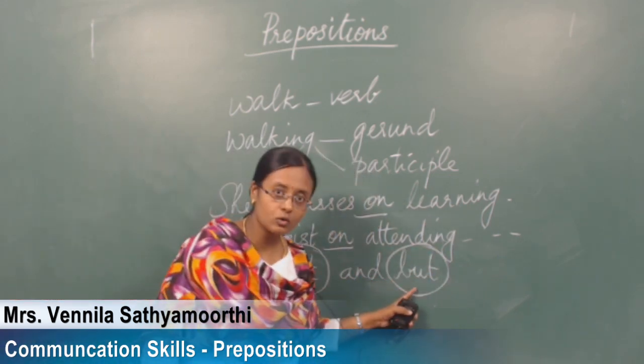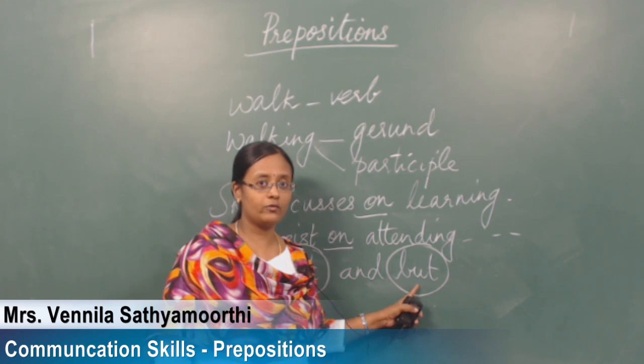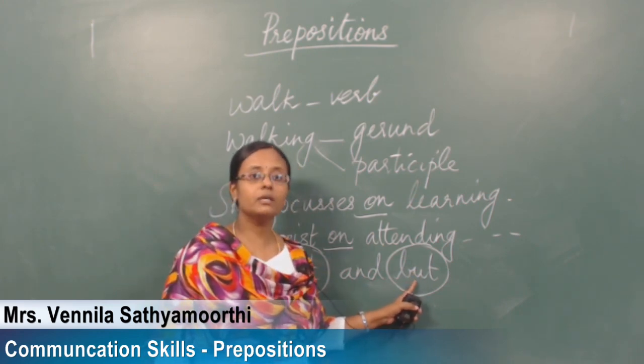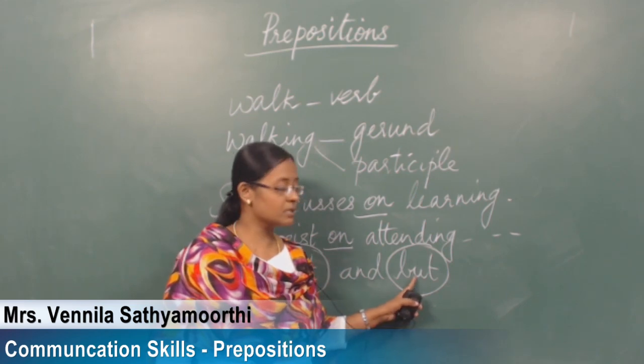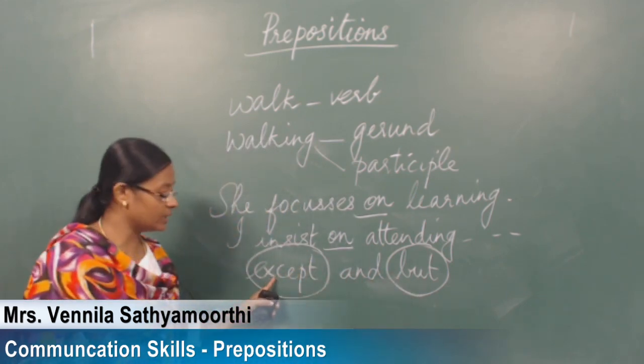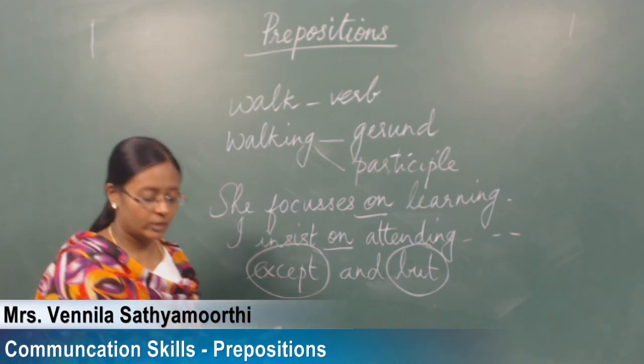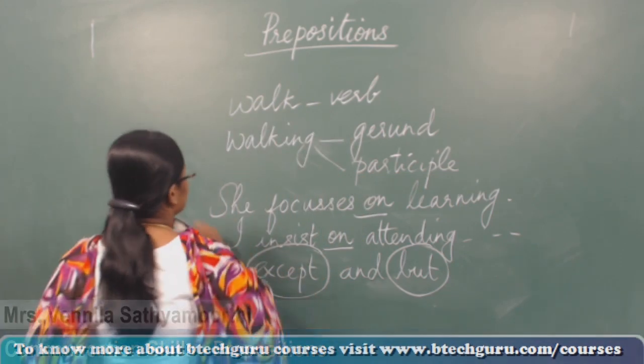Now, but is also a preposition. Very often you will come across but being used as a conjunction, but there are also sentences where but is used as a preposition, but in the meaning of except, only then. Now you see sentences.